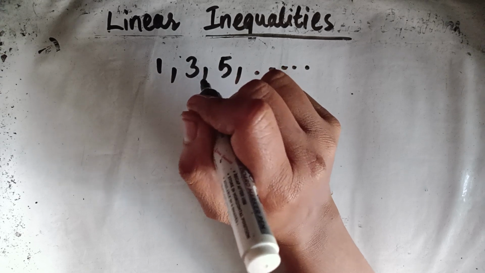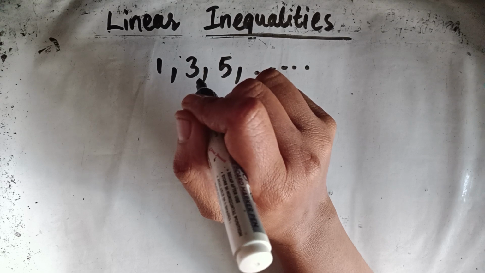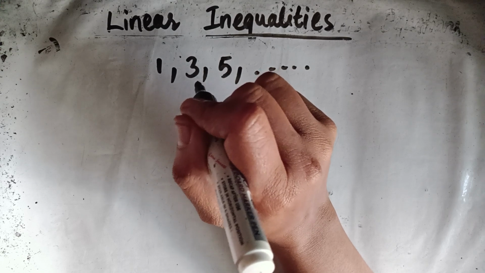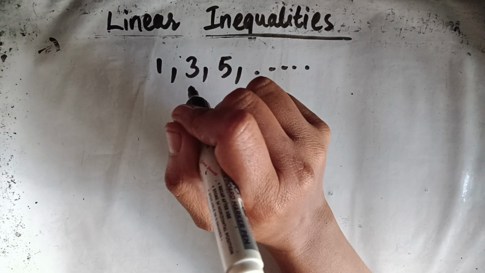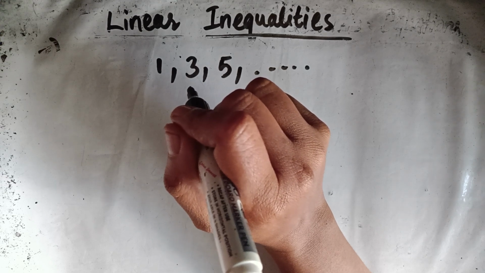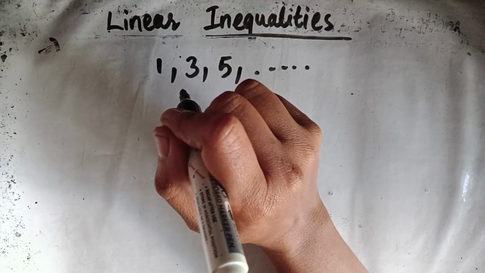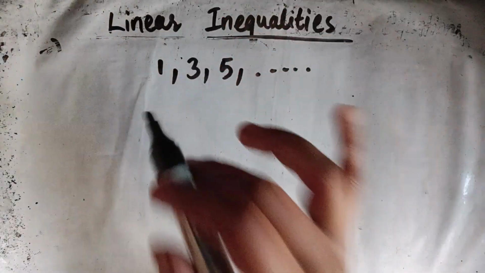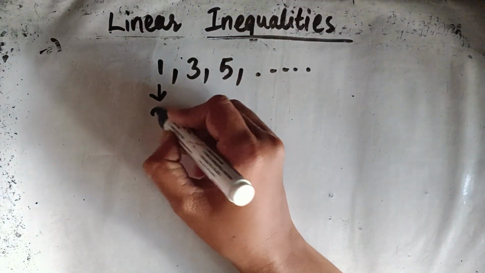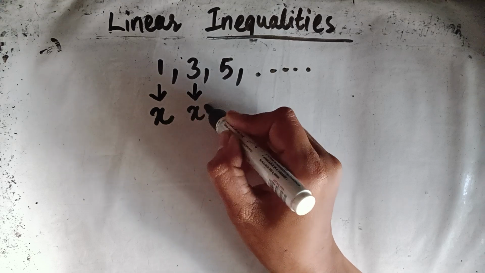The question is you have to find all the consecutive odd natural numbers both of which are larger than 10, such that their sum is less than 40. If you take this one as x, we get the next number to be x plus 2.